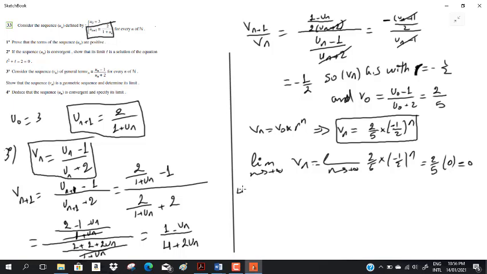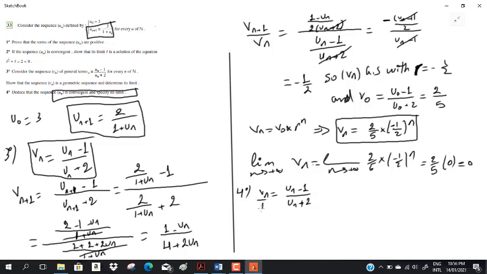Part 4. Deduce that the sequence Un is convergent and specify its limit. To find the limit of Un, we have to find Un in terms of n. We found Vn in terms of n. We found that Vn equal Un minus 1 over Un plus 1. If I can find Un in terms of Vn, I can find Un in terms of n and calculate its limit.